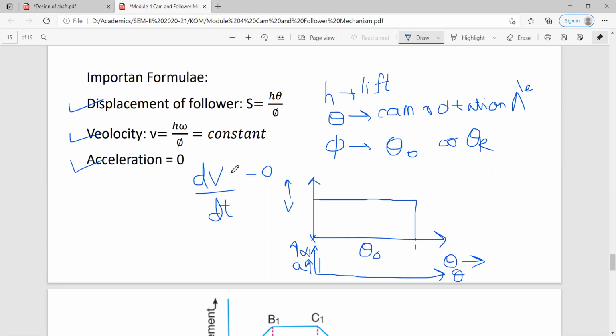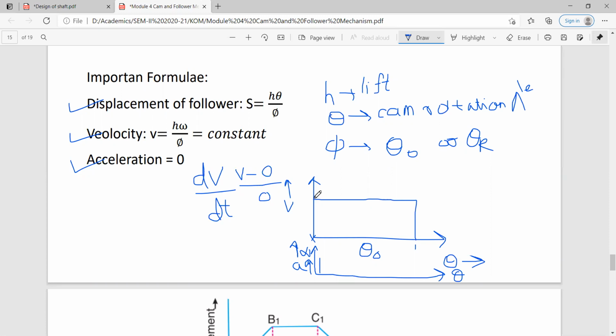In no moment it goes to this value. It takes some value in no time. V minus zero upon zero means infinity, which means acceleration is going to be infinity at this point.